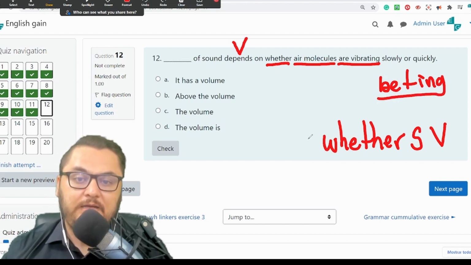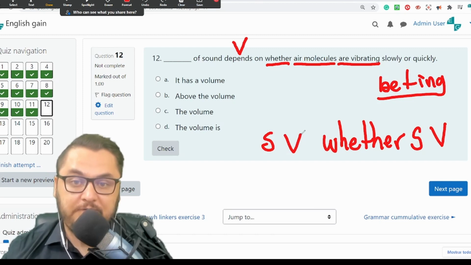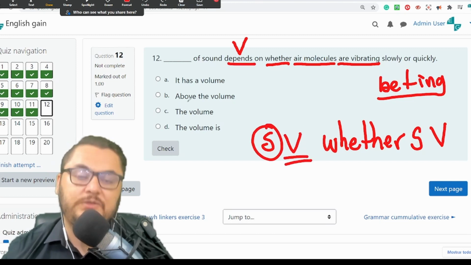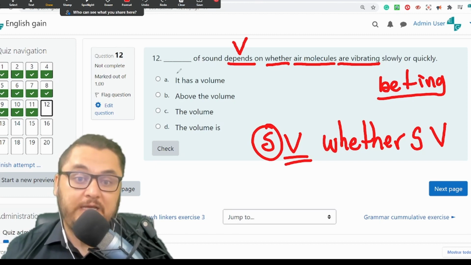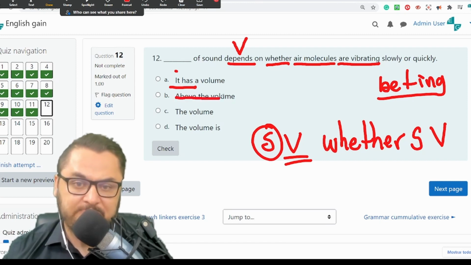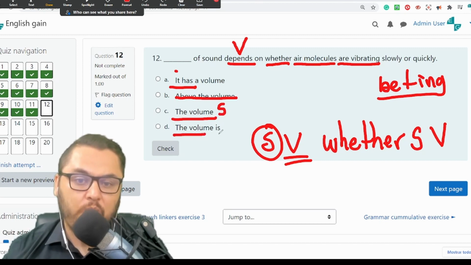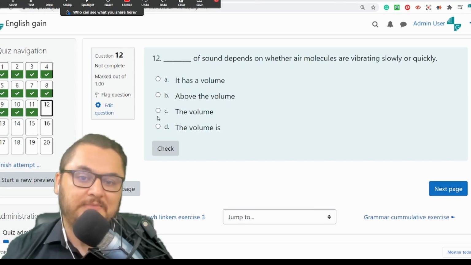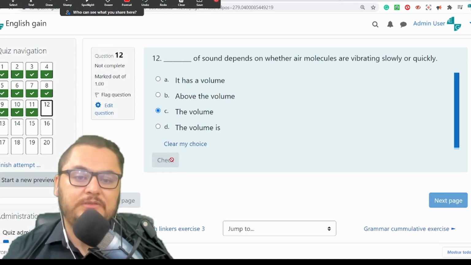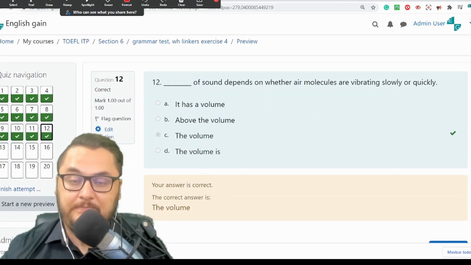Then here I may have a subject and verb, but I already have a verb. I just need to get a subject for the sentence. The first one has a subject and a verb. The second one has a preposition. The third one has the subject I'm looking for. The fourth one has a subject and a verb, and I don't need them in my answer. So I'm going to just do it like this and continue.